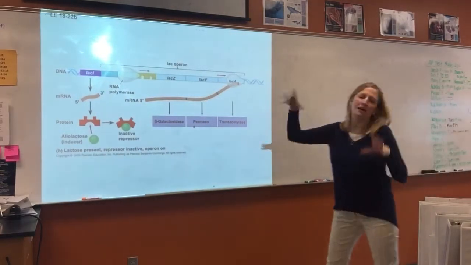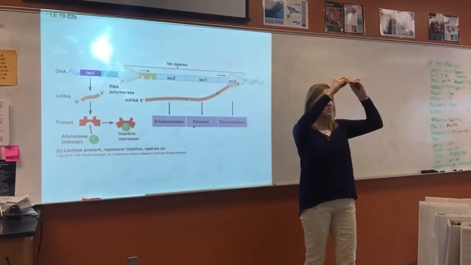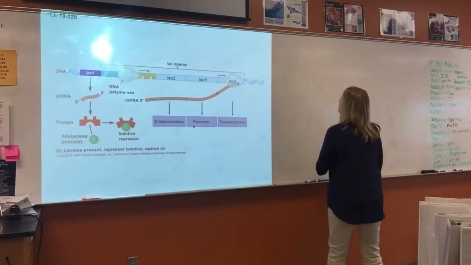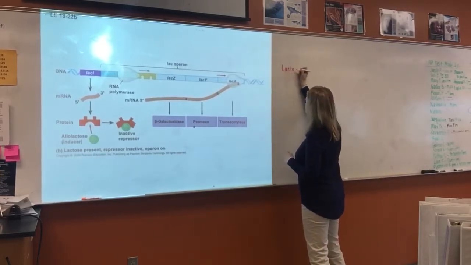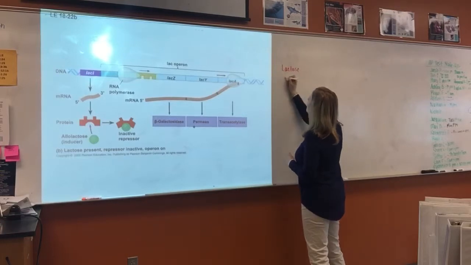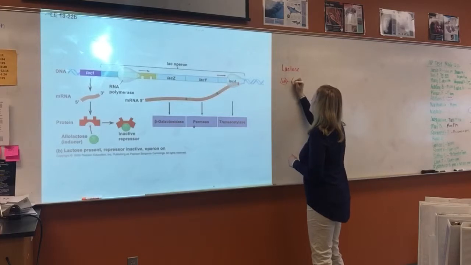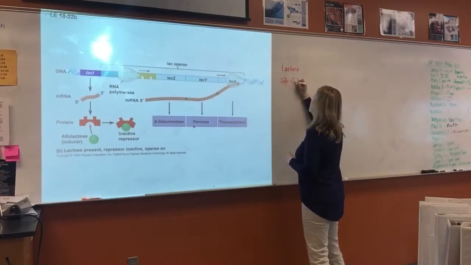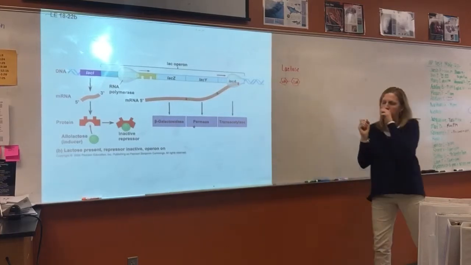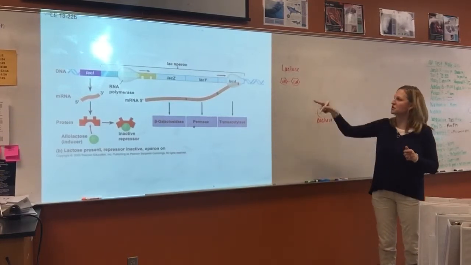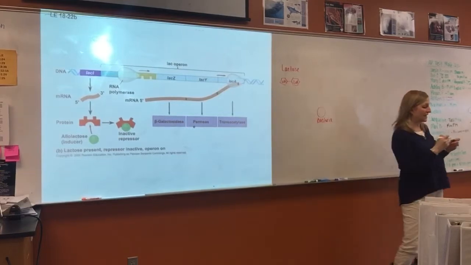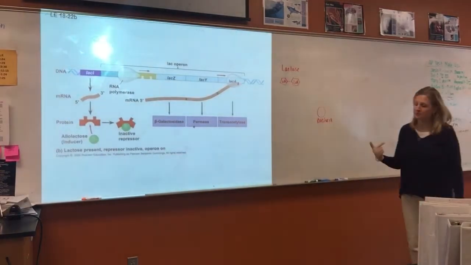So the Lac Operon is only turned on when lactose is present. Remember, lactose is a disaccharide, so it is glucose hooked to a galactose. And here's your little bacteria. What we've learned is that the bacteria will only turn these genes on if lactose is present, so it's not wasteful.